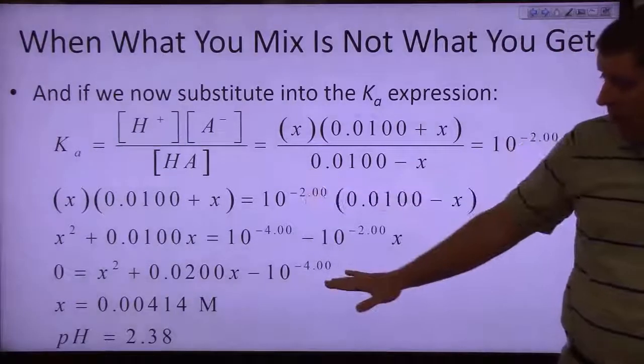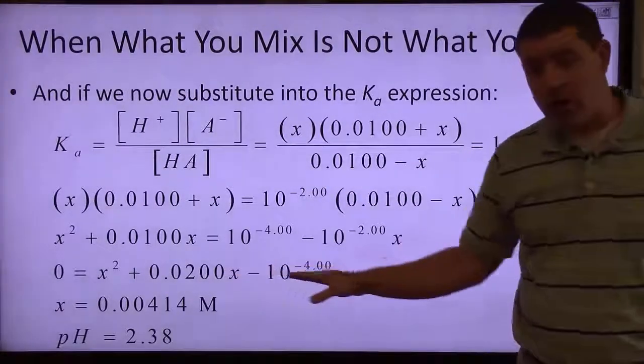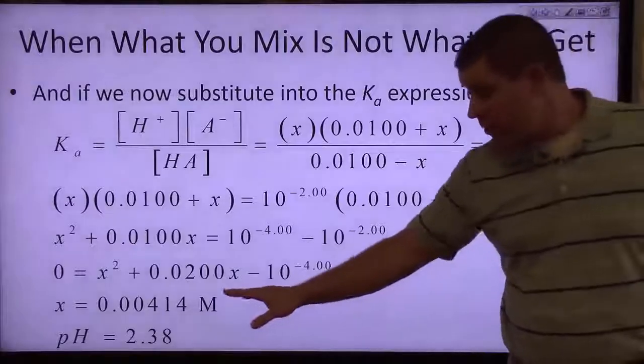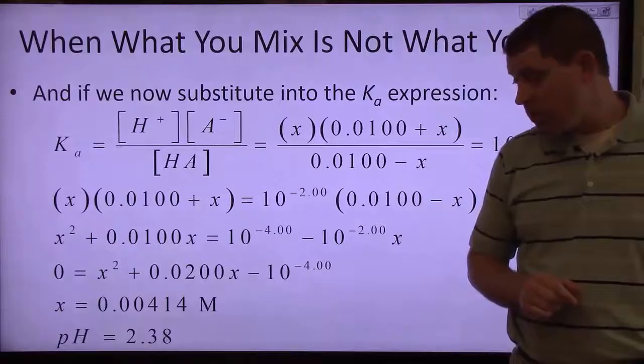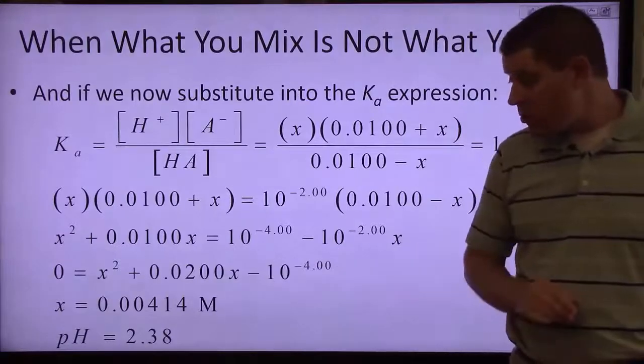So when we do some math, we end up with a quadratic equation, and when we use the quadratic formula, we get a value for X of 0.00414 molar, which gives us a pH of 2.38.